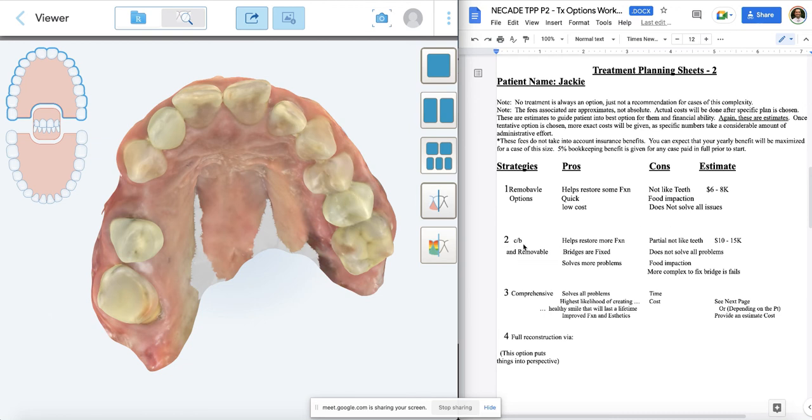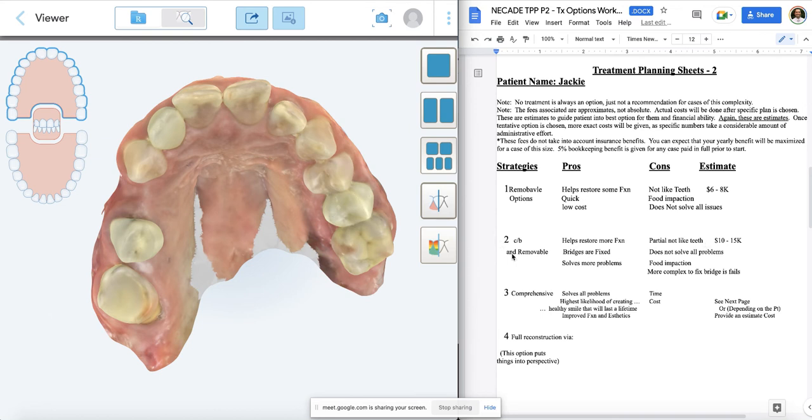The second option was crown and bridge and removable. So the idea here was to crown some of these teeth and then make her a partial with surveyed crowns. So we know that when we improve the foundation on which a partial sits, the success, the fit, and the feel for the patient for that partial goes up.